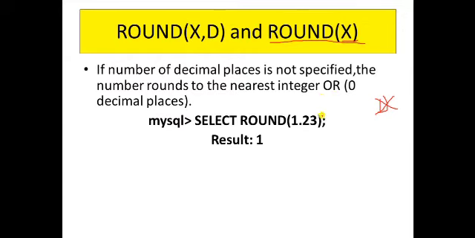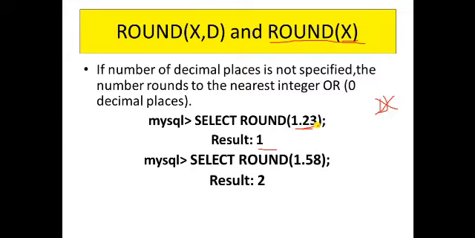I hope it is clear. So 1.23 will round off to 1. If this value is 5 or greater, it will increase. So 1.58, because this is 5 or greater, has become 2. Hope it is clear to you.